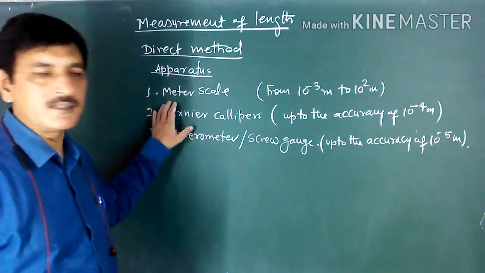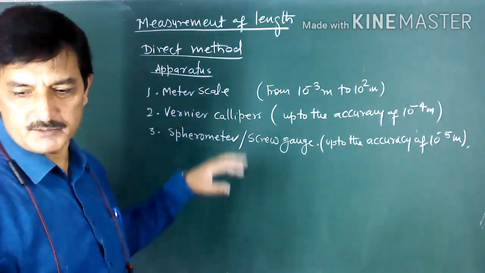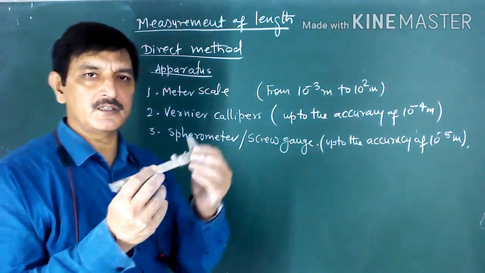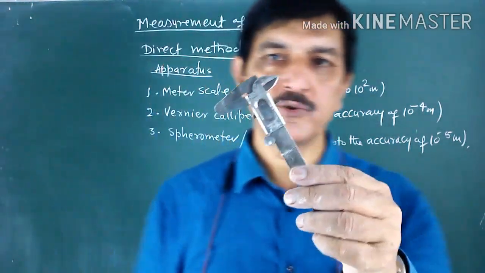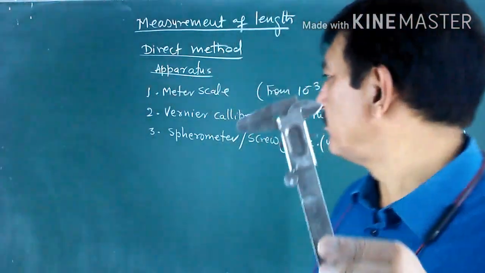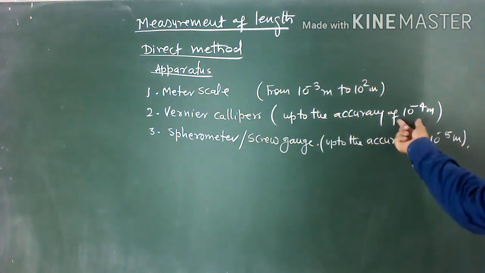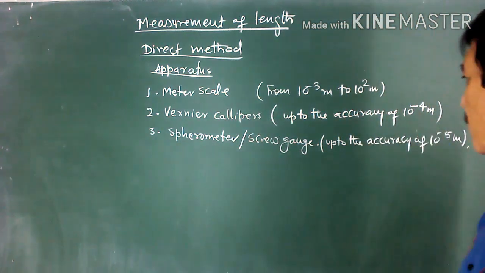So you have already seen the meter scale. Another type of scale is the vernier calipers. By using this vernier calipers, we can measure small lengths, as small as 10 to the power minus 4 meter.